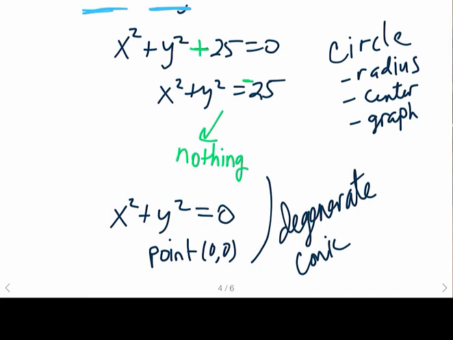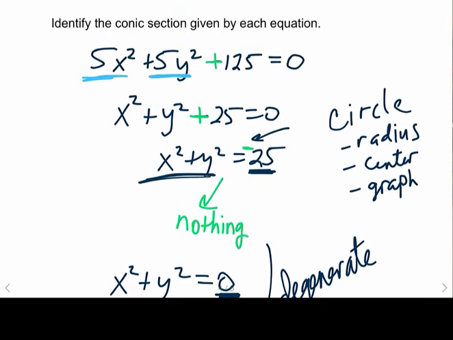And degenerate conics, you basically need to watch out for those if your right-hand side becomes 0 or a negative number. In the case of a hyperbola, you're pretty much going to have something unless it equals 0. But with an ellipse or a circle, because you're adding things that are squared, if the right-hand side is negative, you got nothing. So those are a couple weird things that can happen.